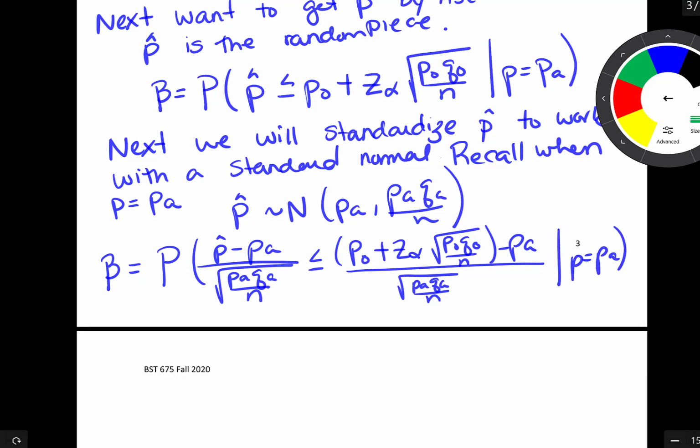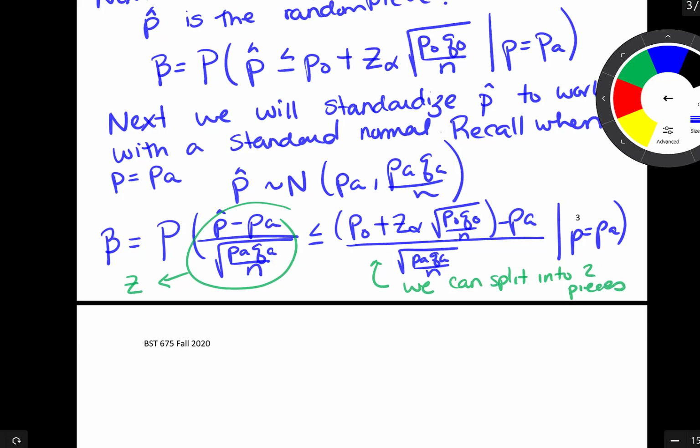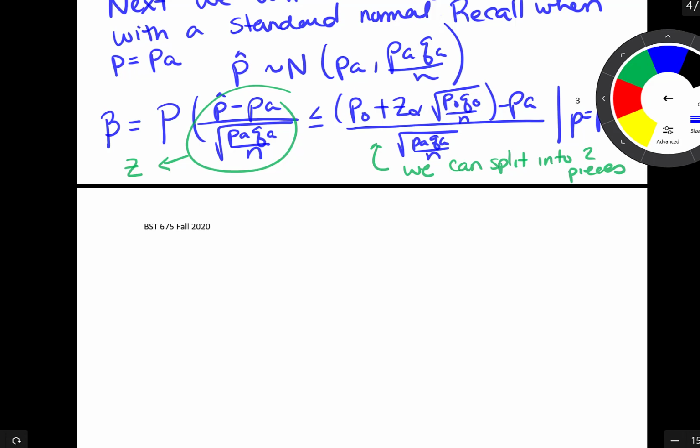So just a couple things to note here. Note that this term is Z. And also notice that this term right here we can split into two pieces. And so if we do that, we have the following.